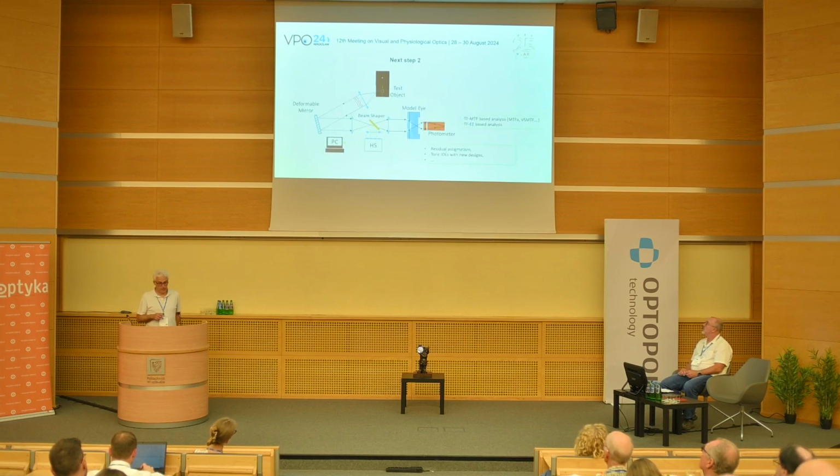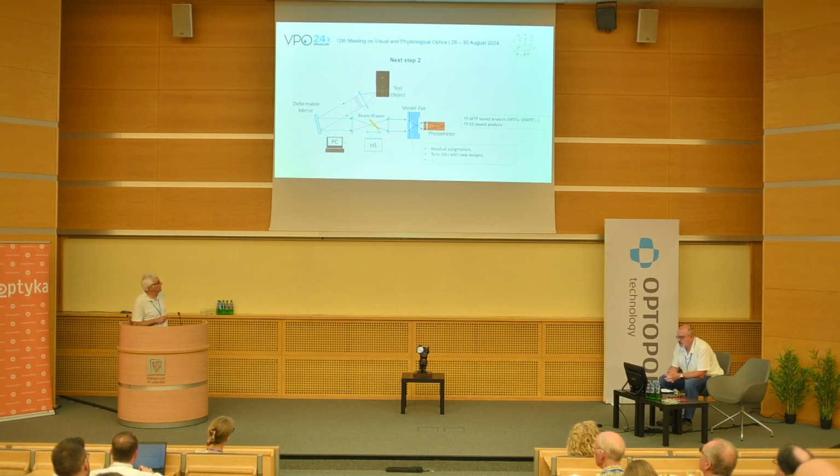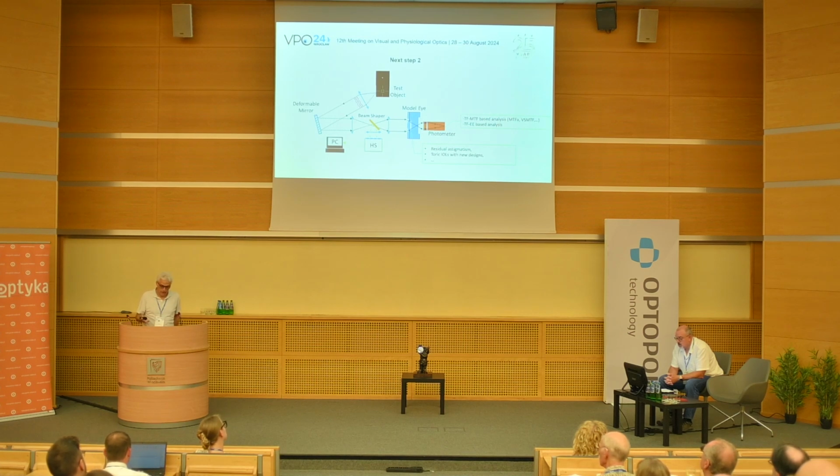And the second step, which is our goal now, is we now have an optical model with a much more physiological cornea, and we have a deformable mirror and a loop with a Hartmann-Shack sensor that we can use to simulate a cornea with any degree of astigmatism, and then put a toric IOL in the model eye and see what is happening, and focus the analysis on basically the MTF or the energy efficiency.